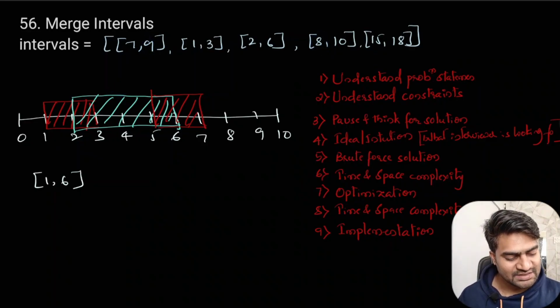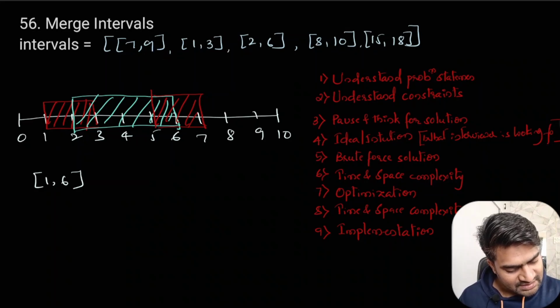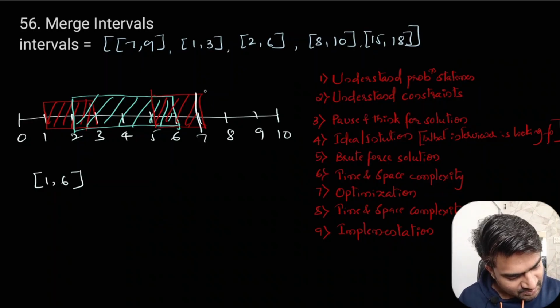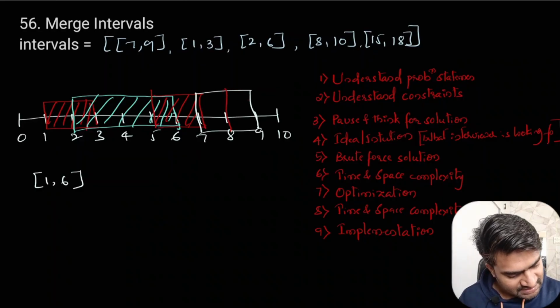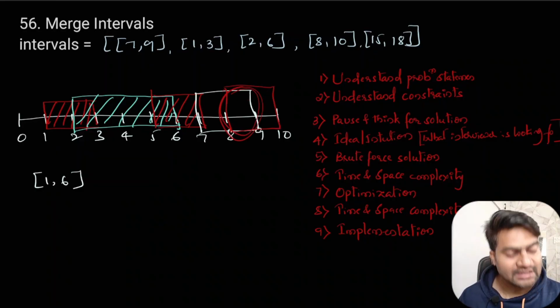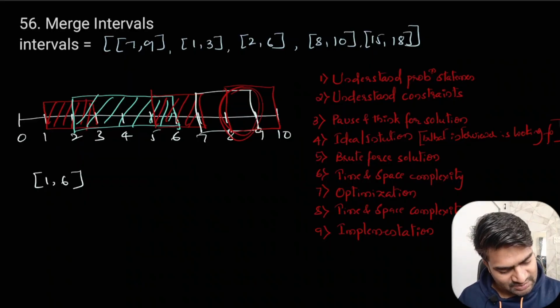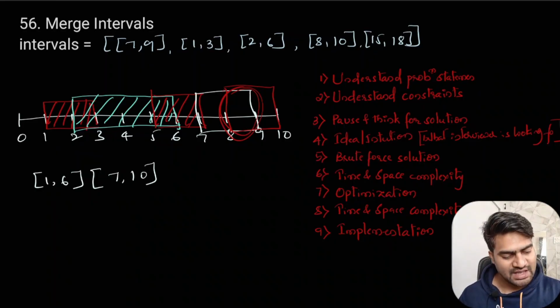Let me draw that again on this diagram. 7 9 will be something like this, and the other will be 8 10, something like this. Again there is going to be some overlap. So I will take those two and merge them, and it is going to be 7 comma 10. I take the minimum start and the maximum end. That gives me the merged interval.